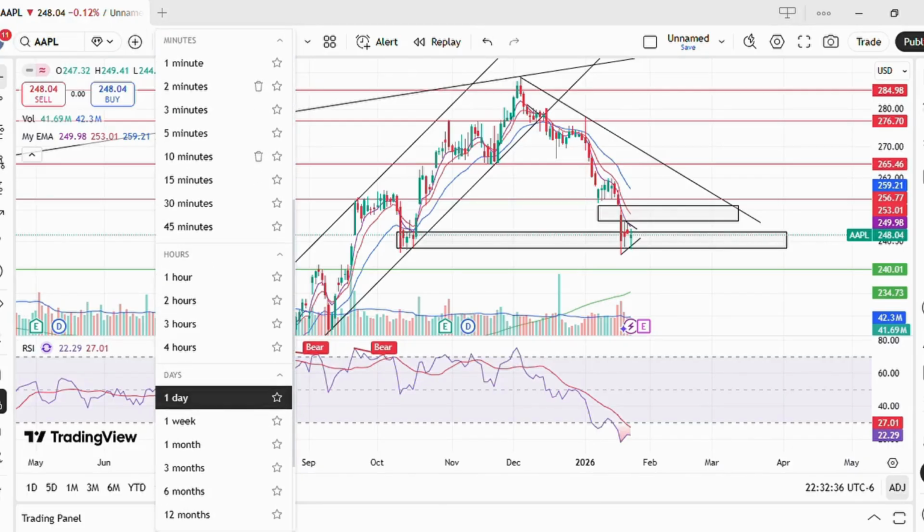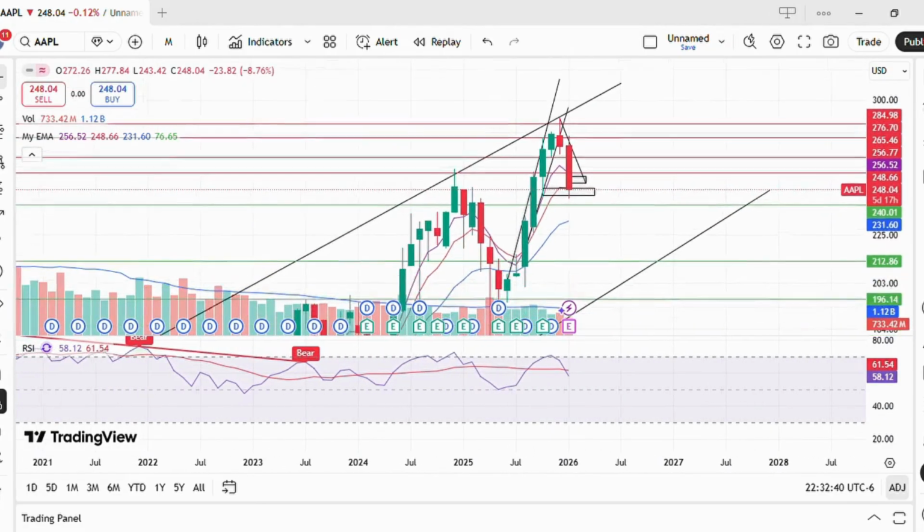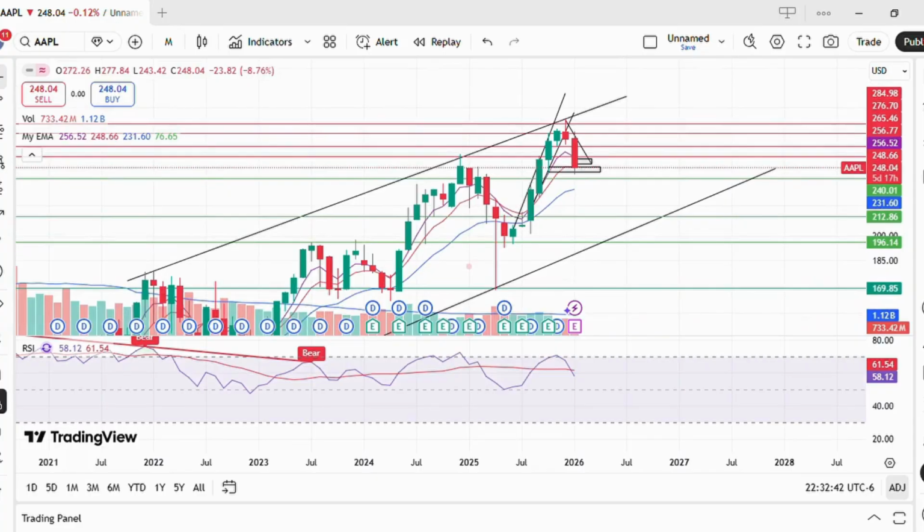Looking at the monthly time frame, that was a nice evening star candlestick pattern. We have a week more to go. If it either closes at this level or anywhere between this week, it will be an evening star on the monthly time frame.